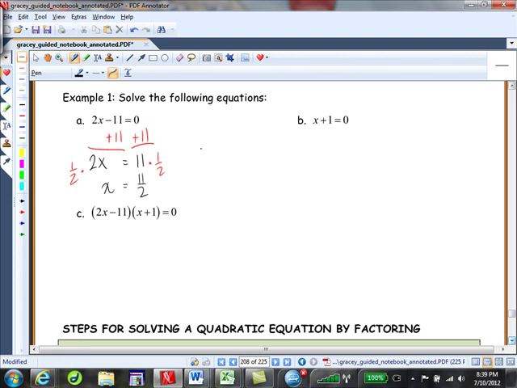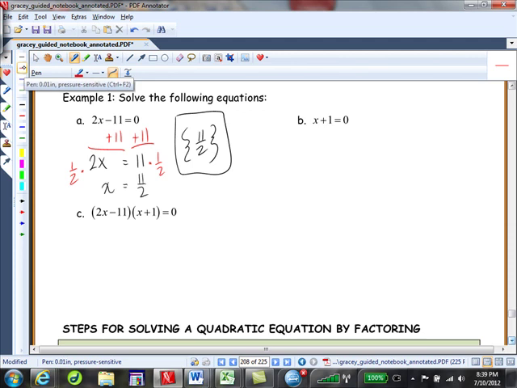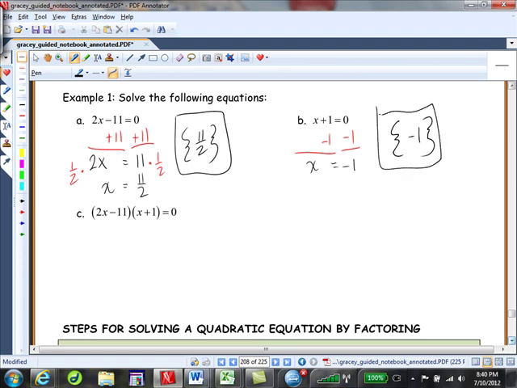And then over here, in my roster notation, I'll write the result of 11/2 and put my happy box around the solution. Part B, I need to subtract 1 from both sides. There we go. And then I will get x is equal to -1. And then in the roster notation, we will get -1.